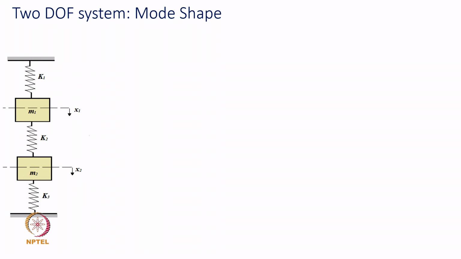I am reproducing this 2 degree of freedom, or 2 mass, system as an example, and for some mathematical simplification without losing any generality, we make a small assumption that the stiffnesses K1 and K3 are equal to K, and the stiffness K2 is 2K, just for the sake of mathematical simplicity in the evaluation process. And M1 and M2 are equal to M.